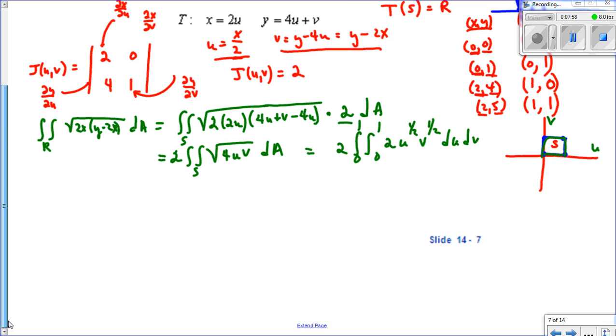Okay, so integrating, and we'll bring that 2 out in front, so we'll have 4 times. Integrating with respect to u first, I'm going to have u to the 3/2 times 2/3. And then our v is still to the 1/2. And that's 0 to 1 for the u values.